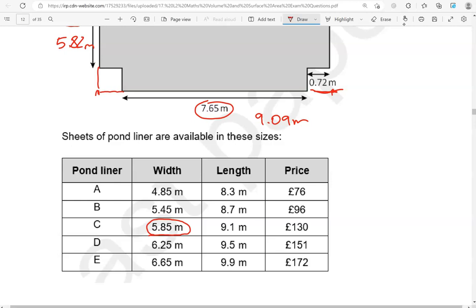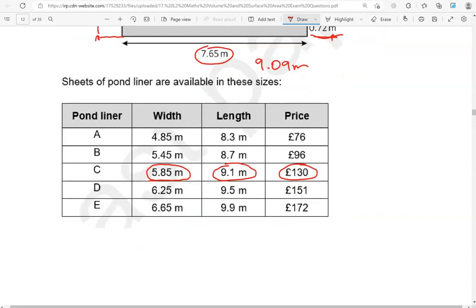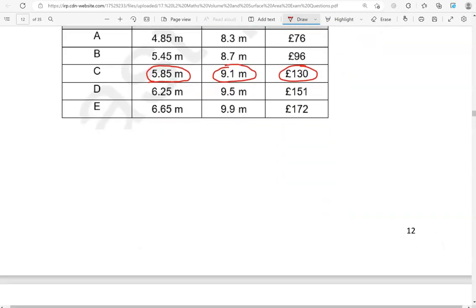Looking at length, 9.09. That should be okay to cover it, and D and E as well. So that would be the cheapest one, which is C.